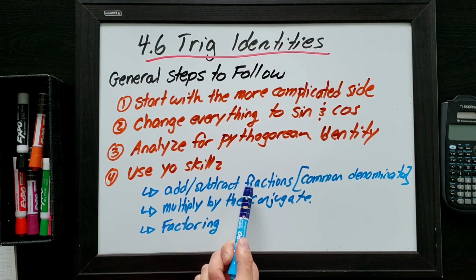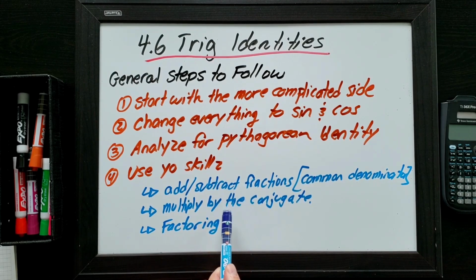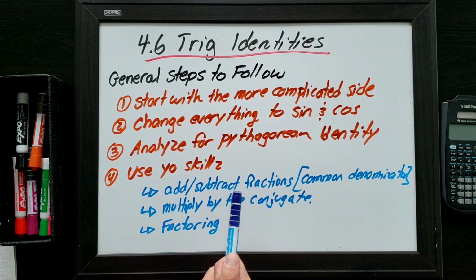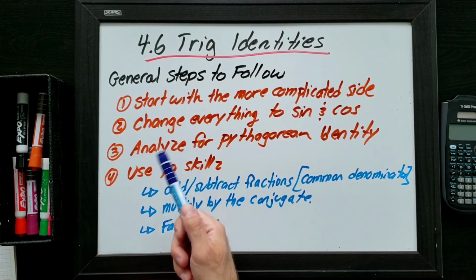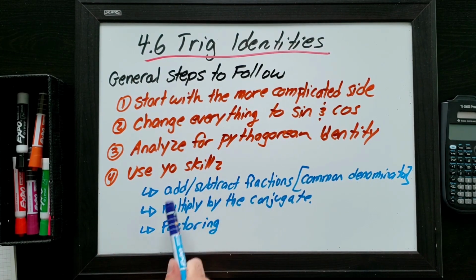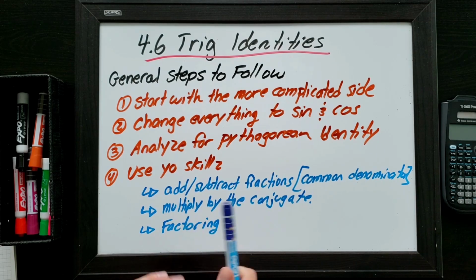We don't always add or subtract fractions. I do this if I have to. If I have nothing else to do, I add or subtract the fraction. If there's nothing else I can do, I multiply by the conjugate. Factoring is probably going to happen every single question, give or take, especially for the more difficult questions. So these are not things that we do in order. These 4 steps are general things that we like to follow, and these are just me listing some skills that we're going to experience pretty much every single question.